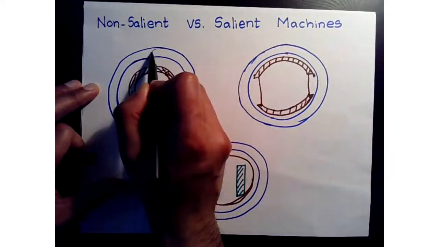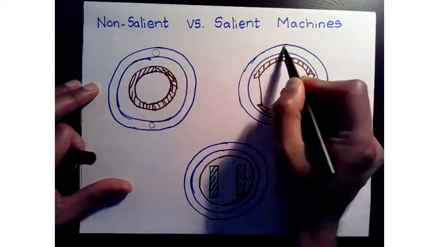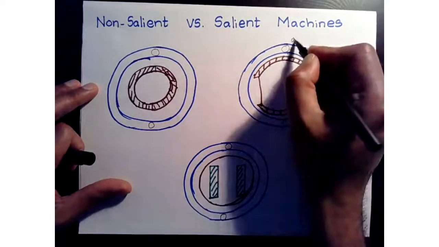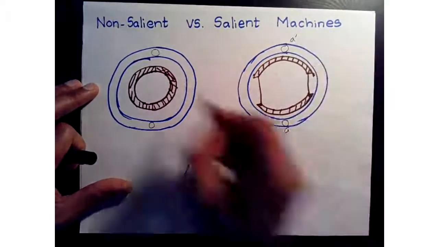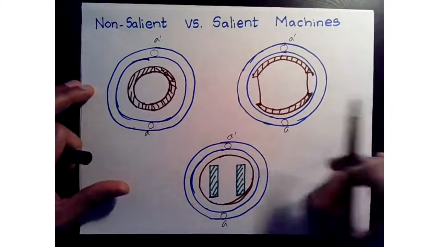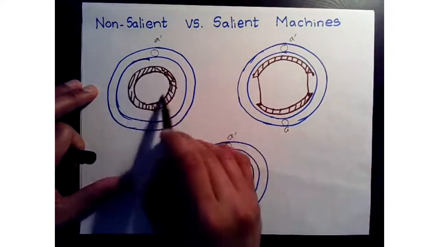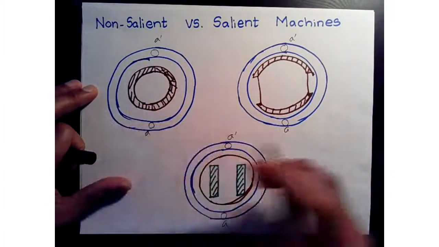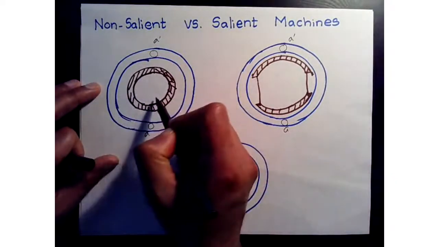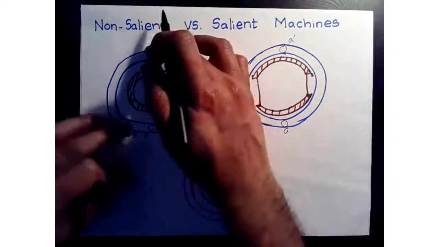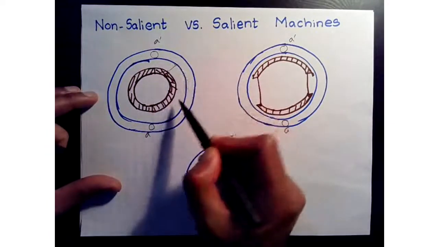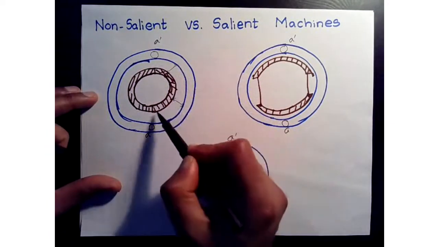If, let's say, we have windings, we are only considering one set of winding, let's say A prime A, in all cases, A prime A, A prime A. Now this is the rotor, and the rotor is going to rotate, right? Despite what orientation the rotor is at, the A prime winding is always going to see the same amount of air gap.